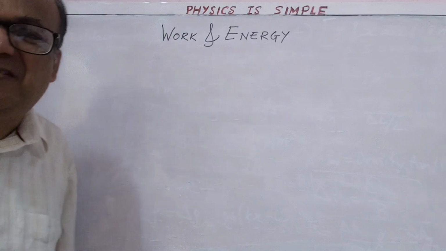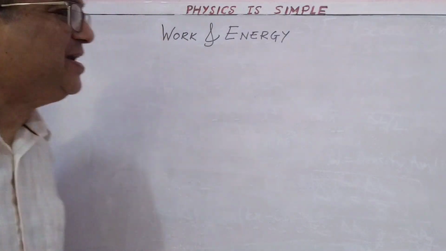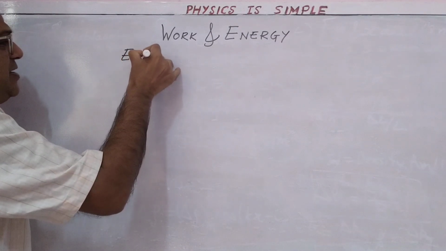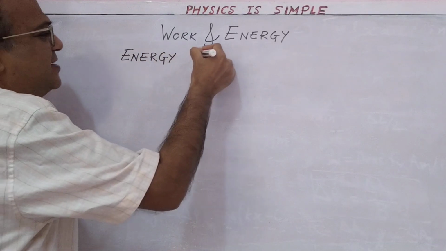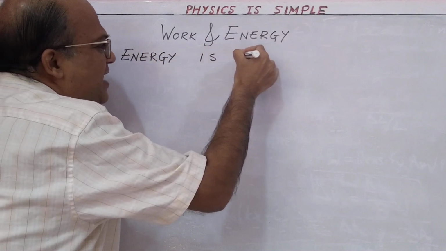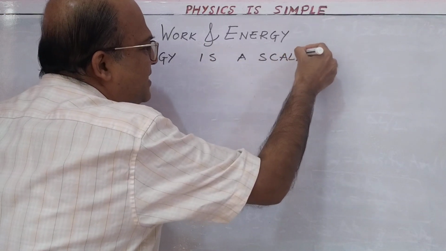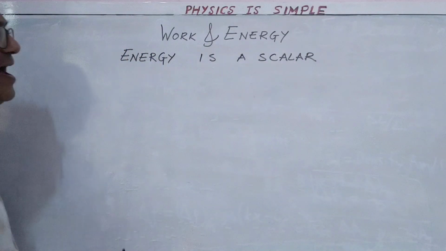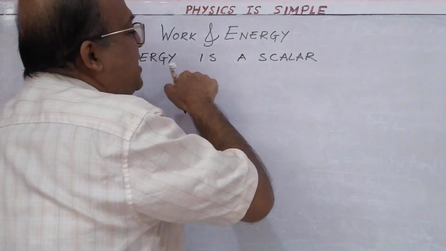So is energy a scalar or a vector? Energy, and for that matter work, are scalars. Energy is a scalar quantity. It has magnitude, no direction, and it obeys the laws of ordinary algebra. So energy is a scalar.